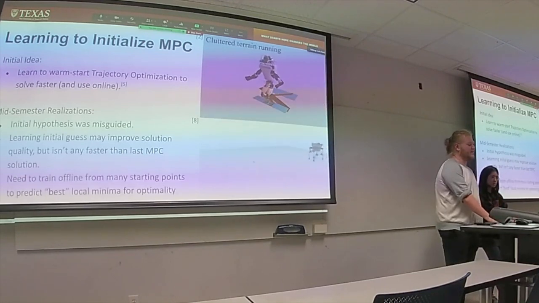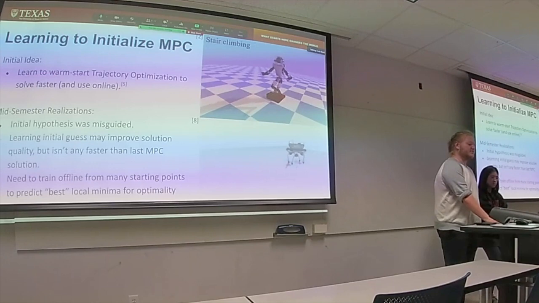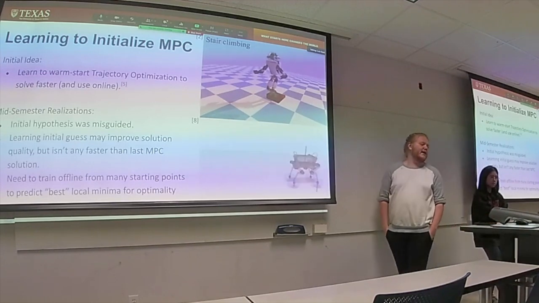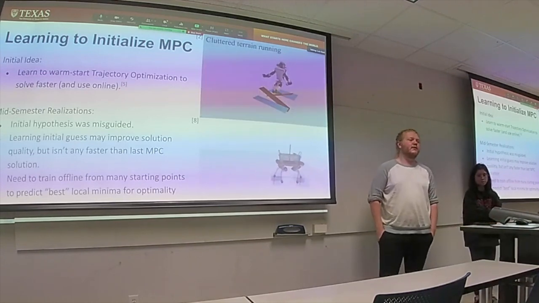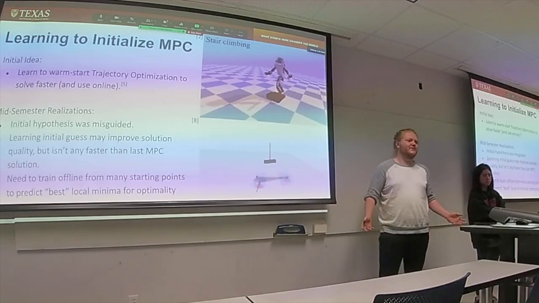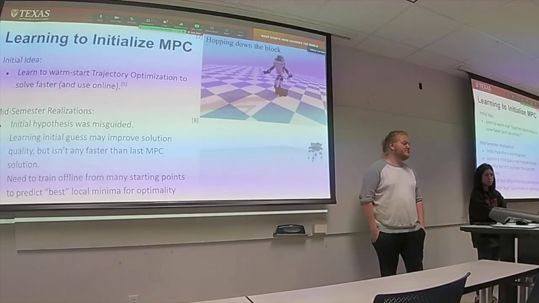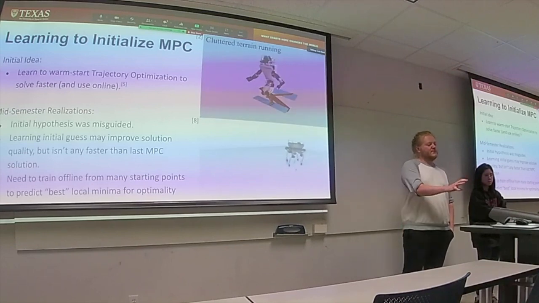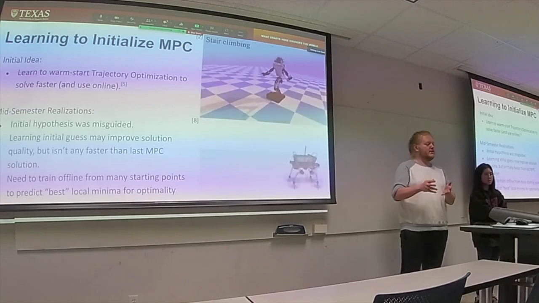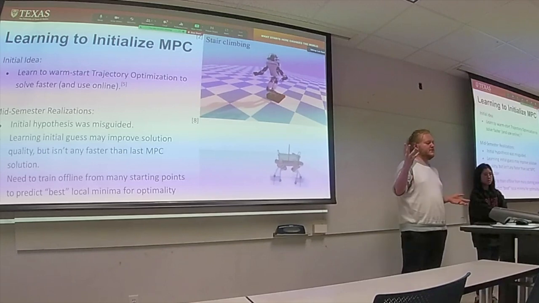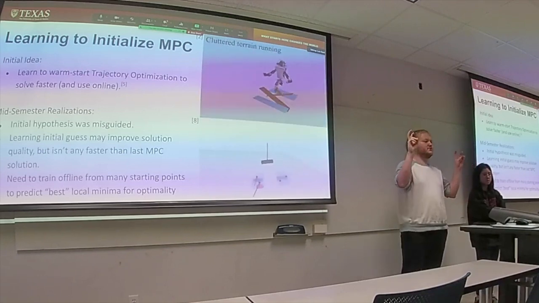So I reevaluated about halfway through. One thing that I think would be interesting is that for a nonlinear problem, you'll have a lot of different local minima. In a high dimensional state space we don't know, but typically there are multiple ways to do a problem. So something interesting is that if you can explore the state space offline, you can look at different local minima, start the same problem from a lot of different spots, and figure out what the optimal solution would have been.